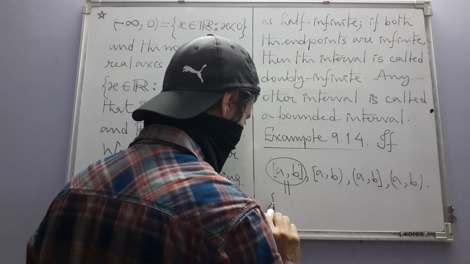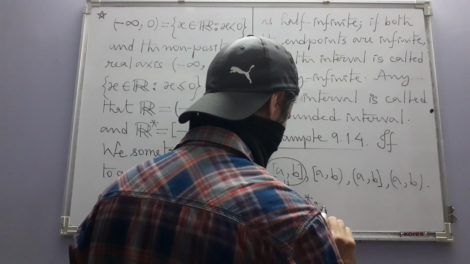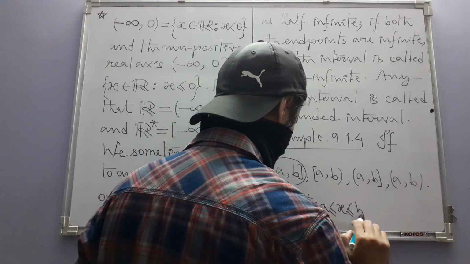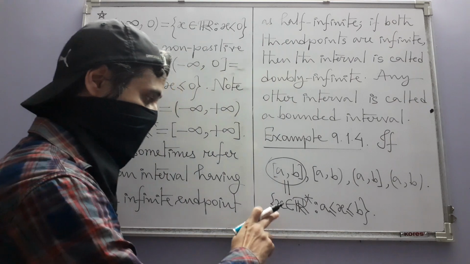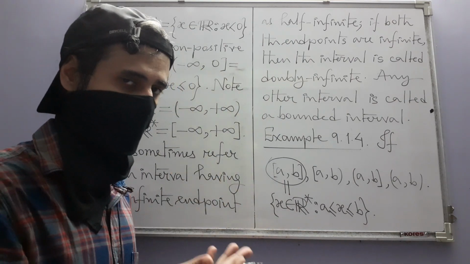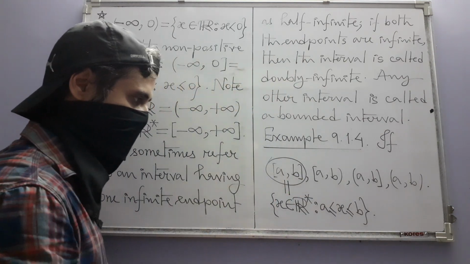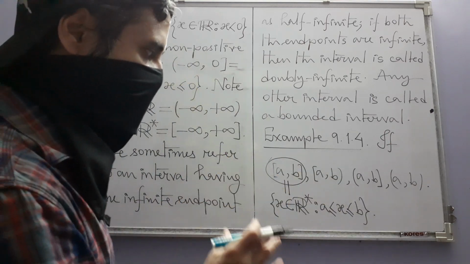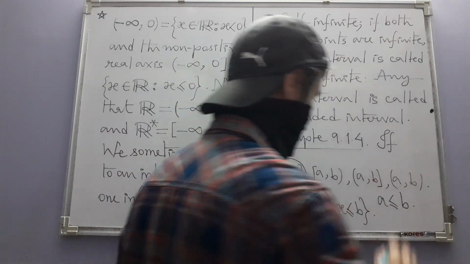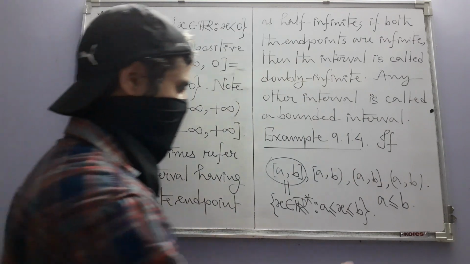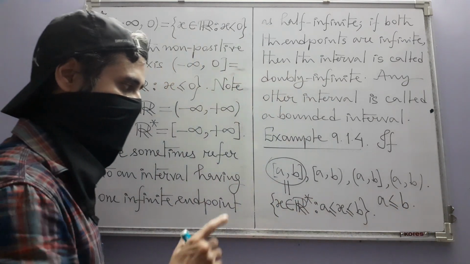This interval is the set of all extended real numbers x such that A is less than or equal to x and x is less than or equal to B. But if this interval is non-empty, that means there is at least one such x such that A is less than or equal to x and x is less than or equal to B. Now, since the order relation is transitive, that would mean that A must be less than or equal to B. But if that does not happen, if A is strictly greater than B, then automatically this cannot be non-empty, it has to be empty.